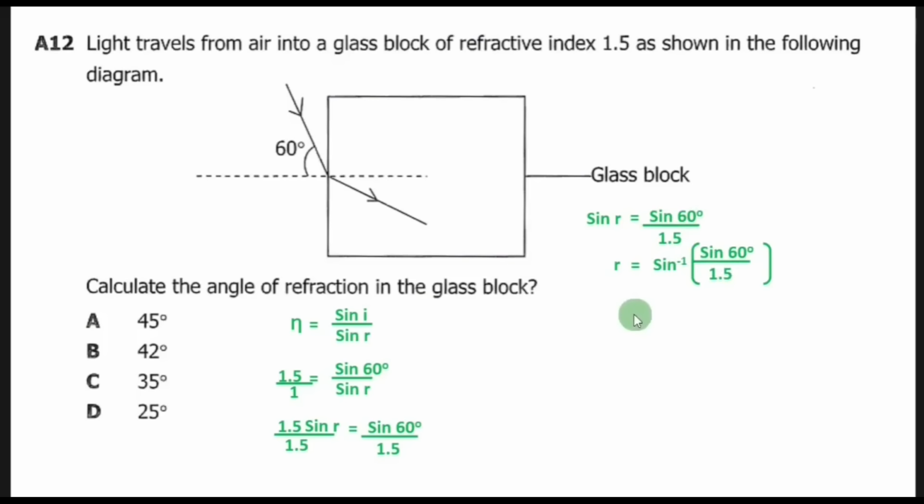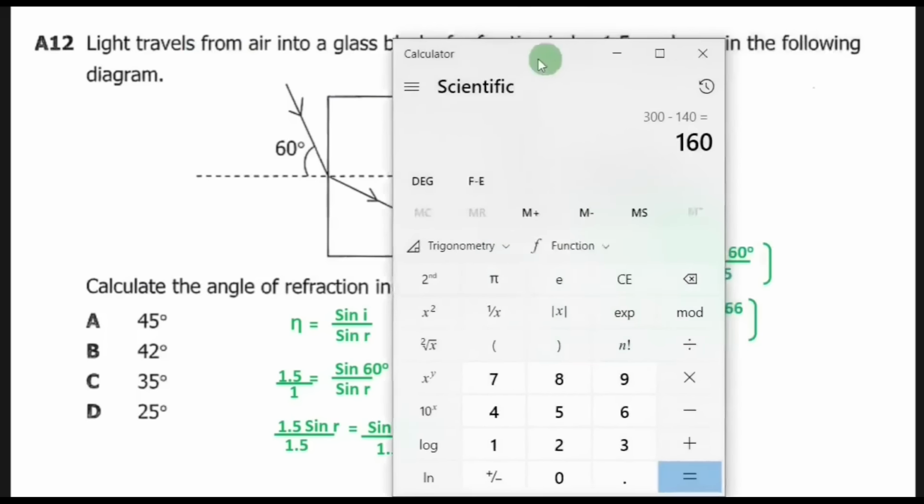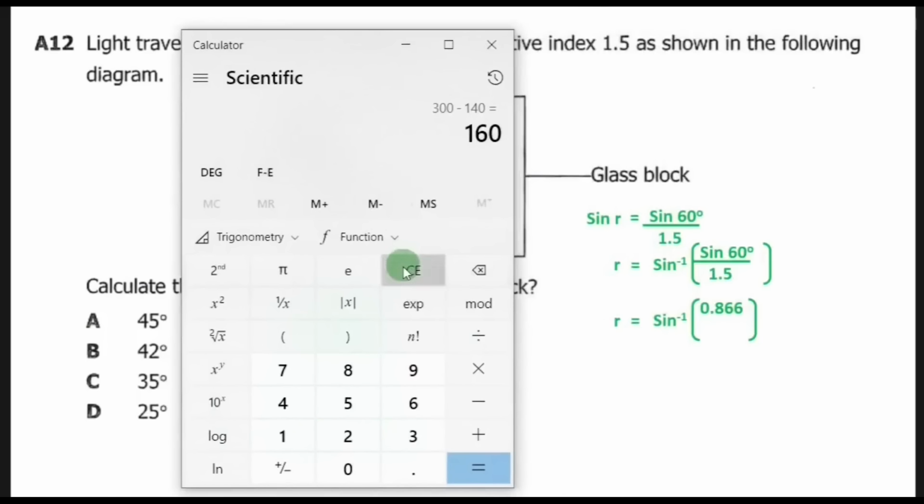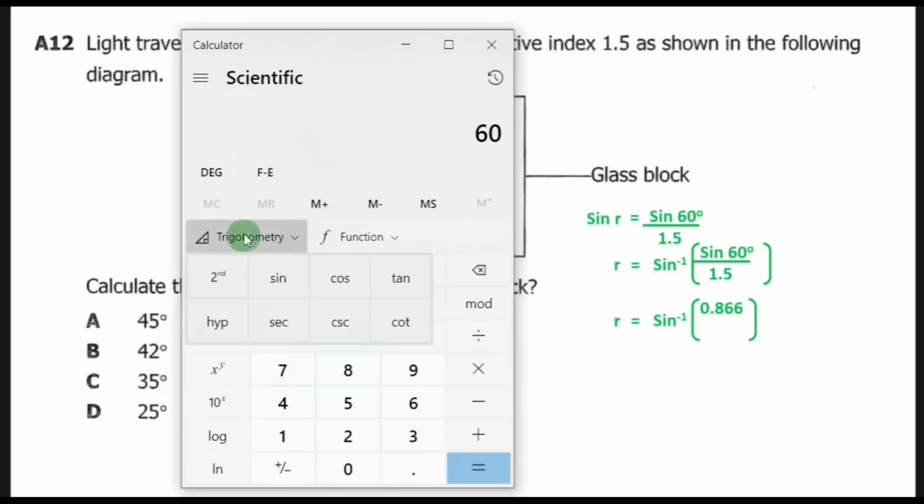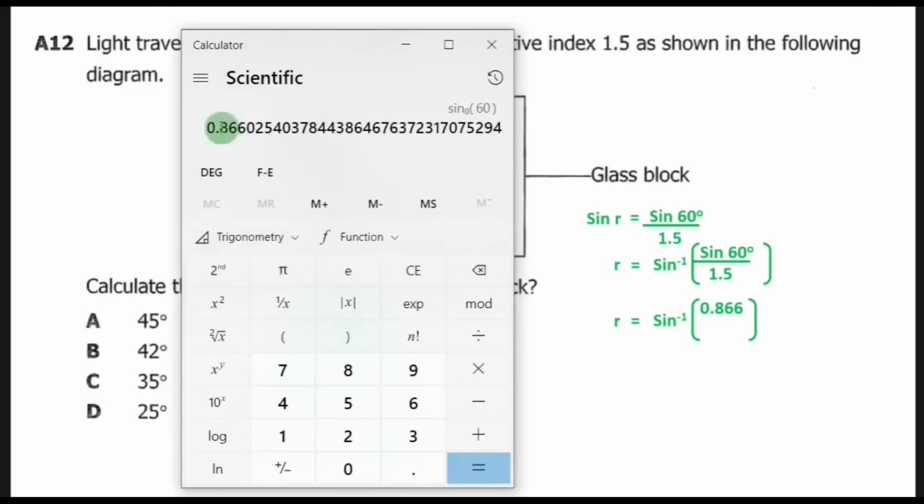So the angle of refraction is equal to sine inverse of sine 60, which gives 0.866. Of course, I rounded it off, but it shouldn't be like that. You don't need to be rounding off values before you find the answer. If I say sine 60 on the calculator, I found the answer to be 0.866 with these values.